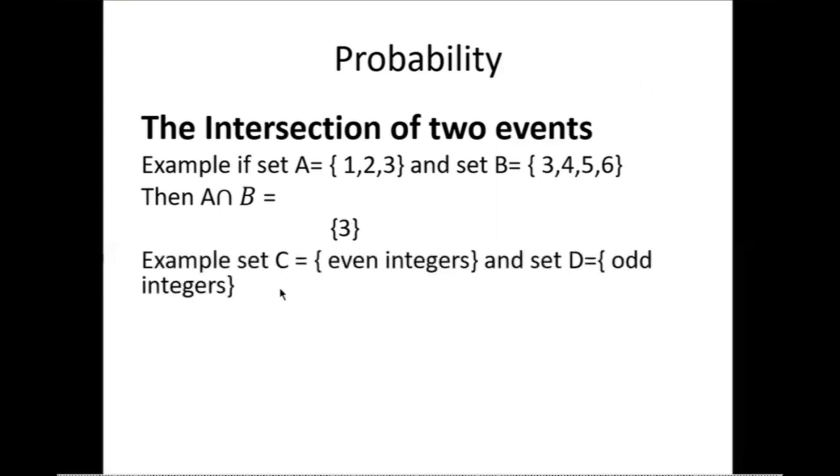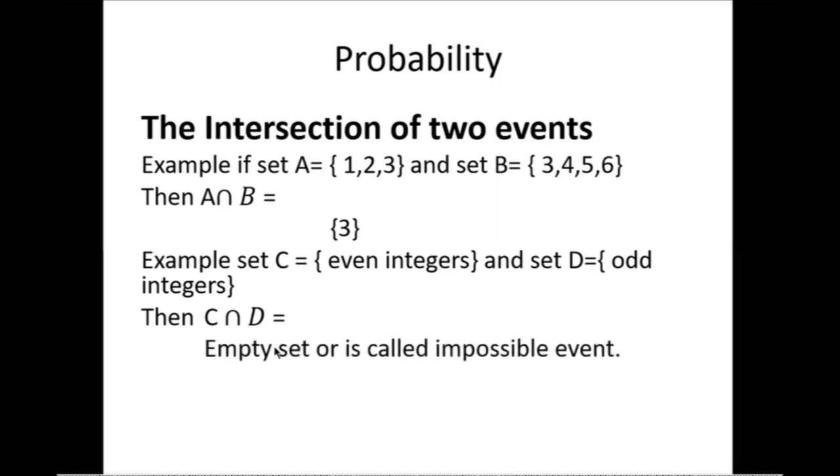Next example, set C is the set of all even integers, while the set D is the set of all odd integers. If we are looking for the intersection of C and D, then it is empty because there is no possible event within the two sets of elements.